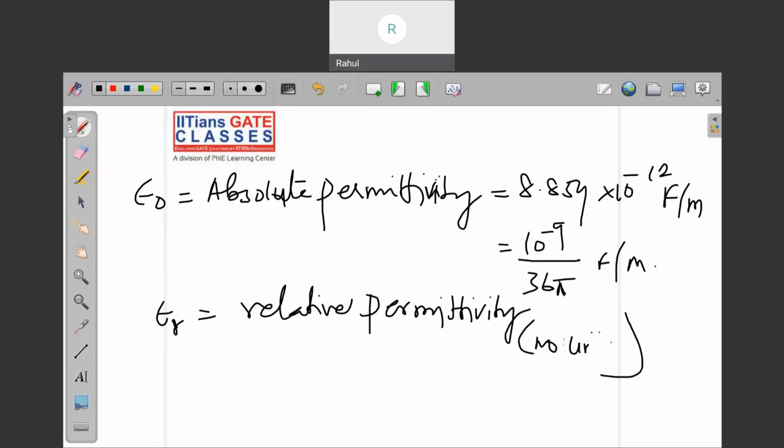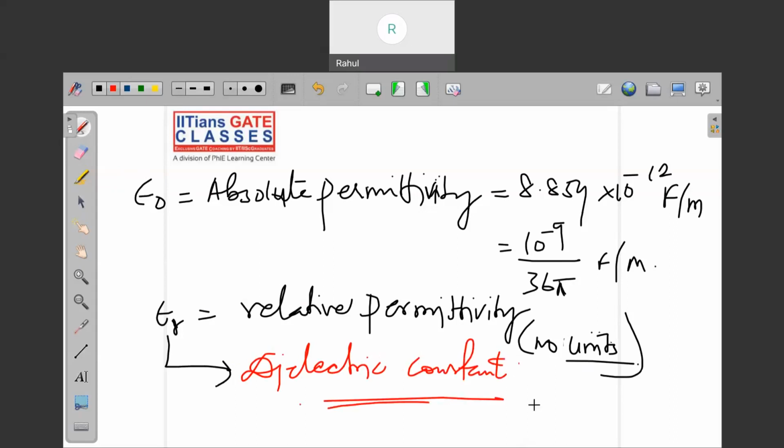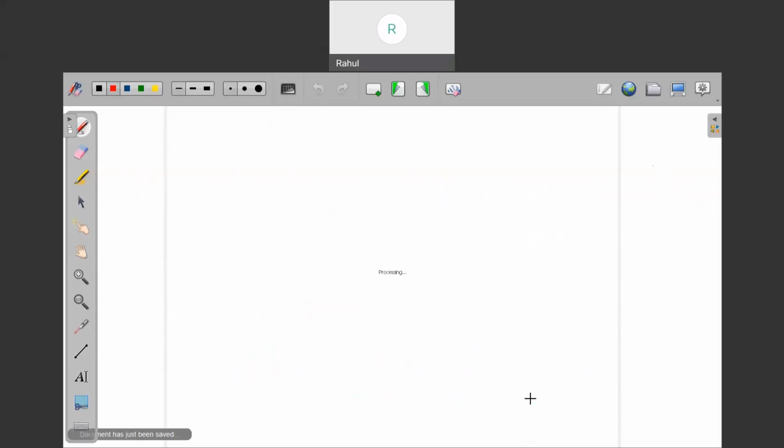Epsilon r is also known by a very important term, the dielectric constant. So epsilon naught and epsilon r are very important.